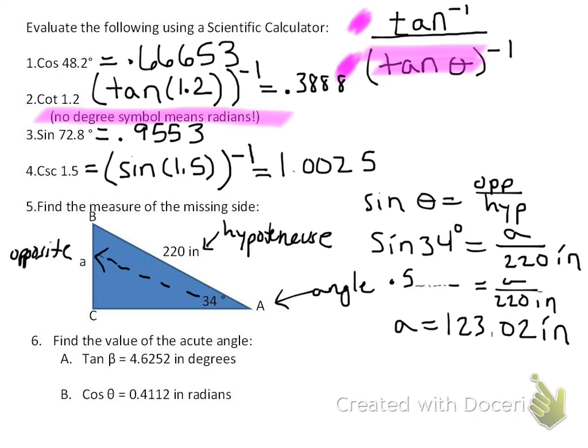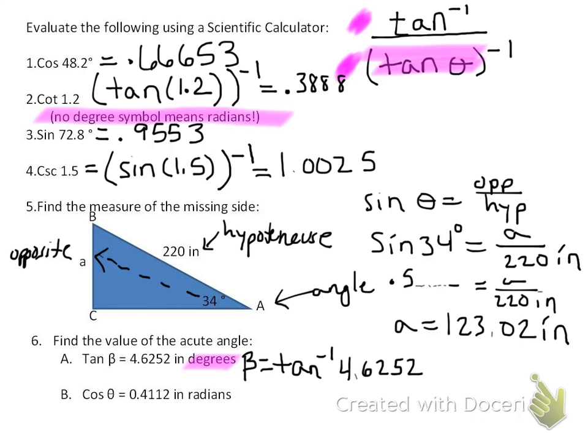So that means that beta equals the inverse tangent of 4.6252. Now, it's asking us to find this in degrees, so make sure your calculator is in degree mode.